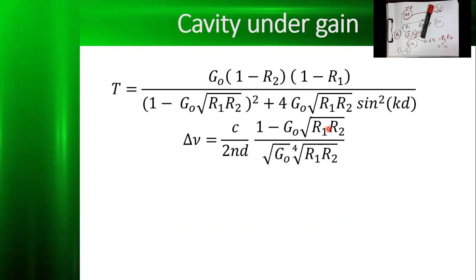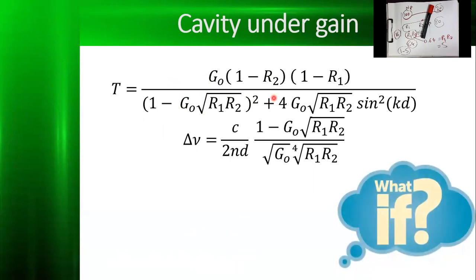Let's apply that if R1 equals R2 and this gain condition happened, then you will get, okay, this is very nice, G node times (1 minus R square) in the numerator over (1 minus G node root R square), so the condition is G node (1 minus R square) over (1 minus G node R) all squared. Nice.